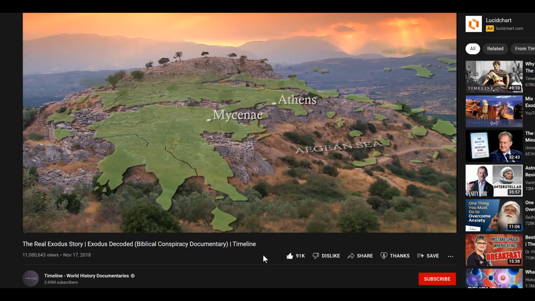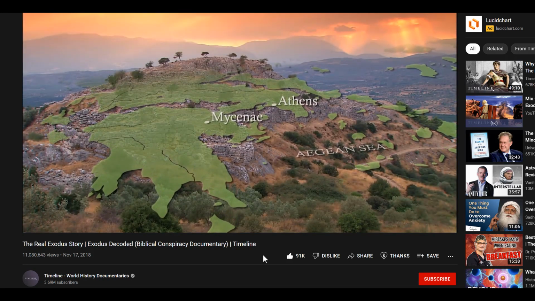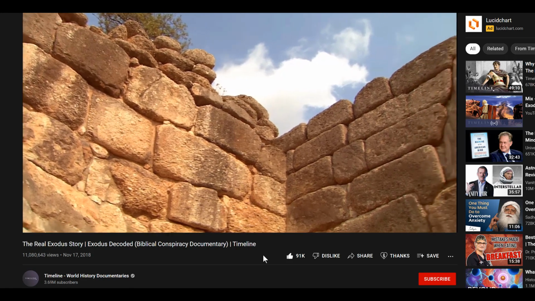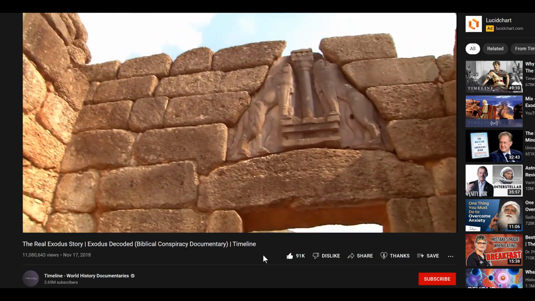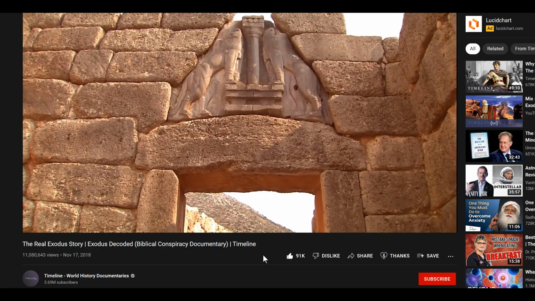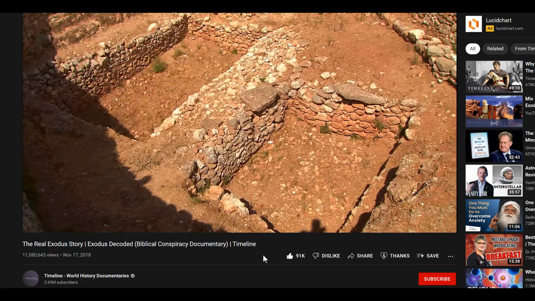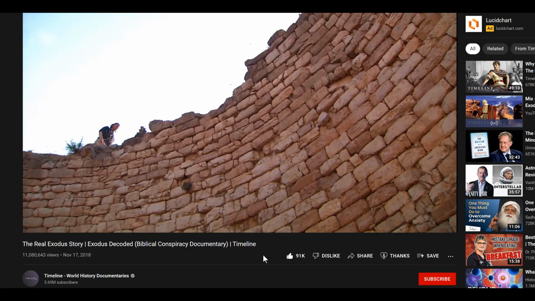This is Mycenae, 50 kilometers from the coast on the Greek mainland. In 1876, the famous archaeologist Heinrich Schliemann, the excavator of Troy, made a world-shaking discovery at Mycenae. Here, he found 3,500-year-old tombs.